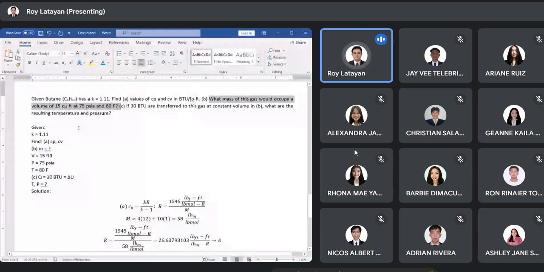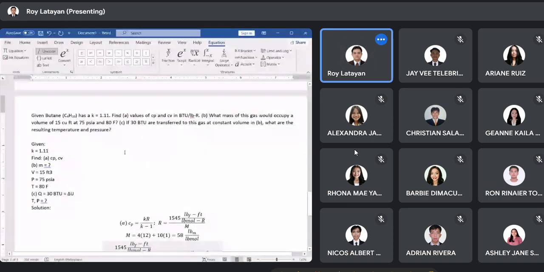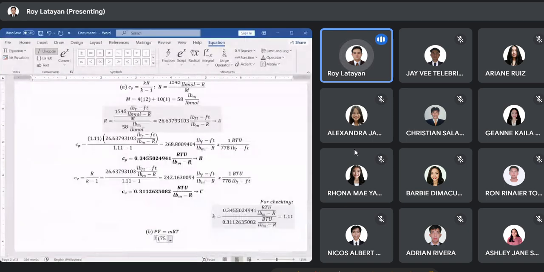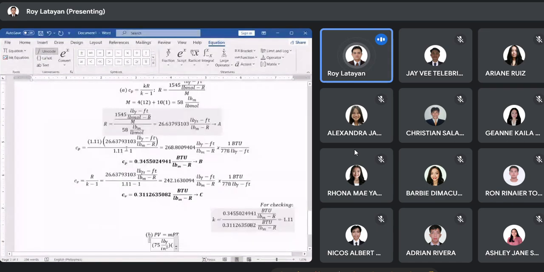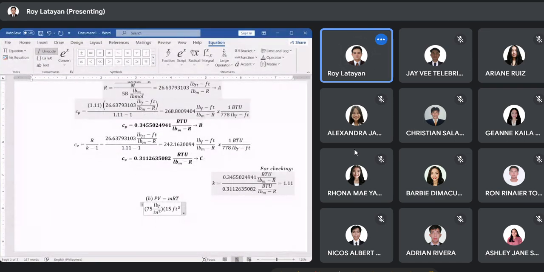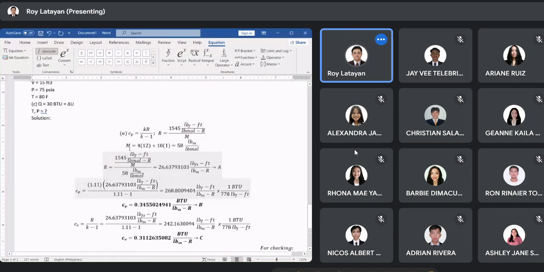So we are given a pressure of 75 psia, which is pound force per inch squared, and a volume of 15 cubic feet. We're given the mass.